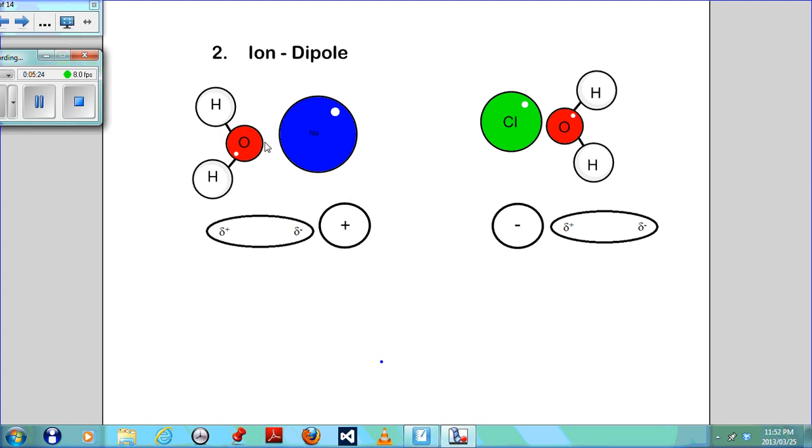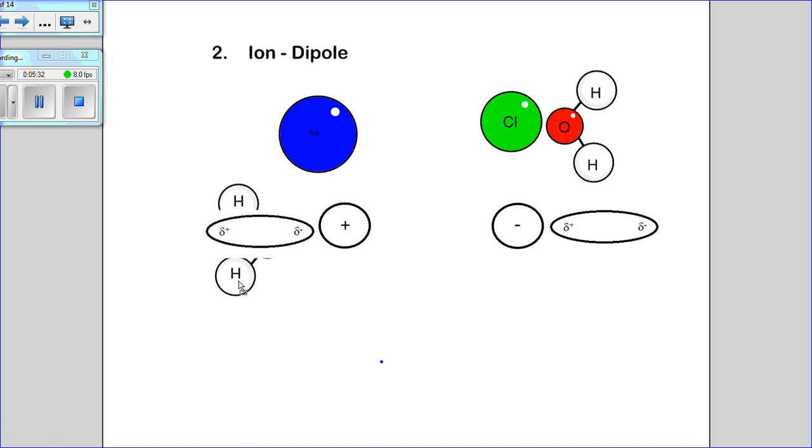So the oxygen side is slightly negative and the hydrogen side will be slightly positive. So to draw it, instead of drawing the molecule each and every time, we can just draw an oval structure with a delta minus and a delta plus to depict which side is slightly negative and slightly positive.